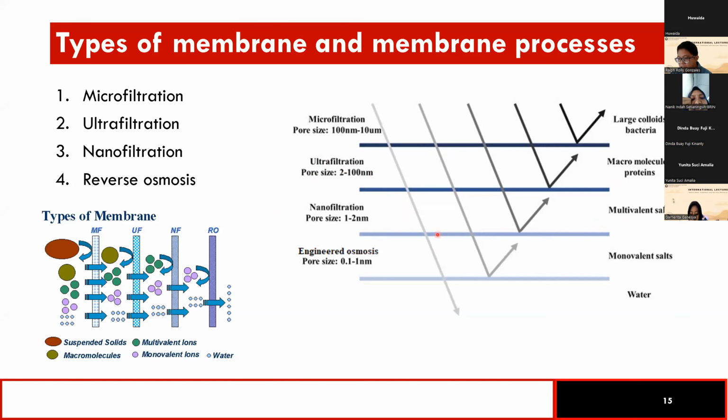Lastly, let's proceed with the smallest or densest membranes available, which is for engineered osmosis, which can remove monovalent salts like sodium chloride in seawater. And one of the processes involved in engineered osmosis is reverse osmosis. And ultimately, this dense and small pored membrane will be able to produce water.